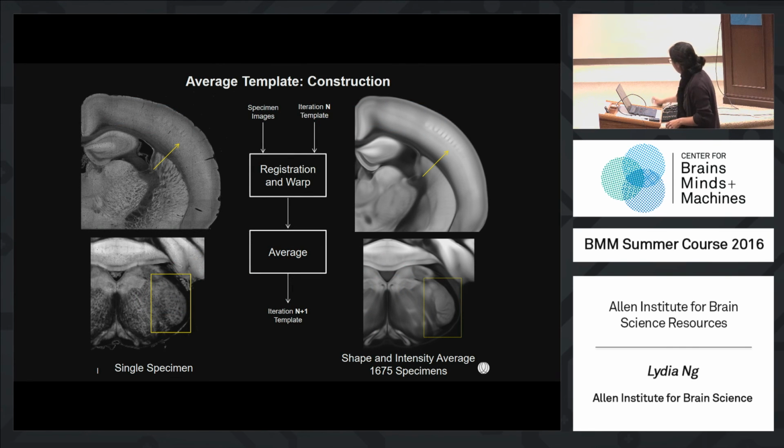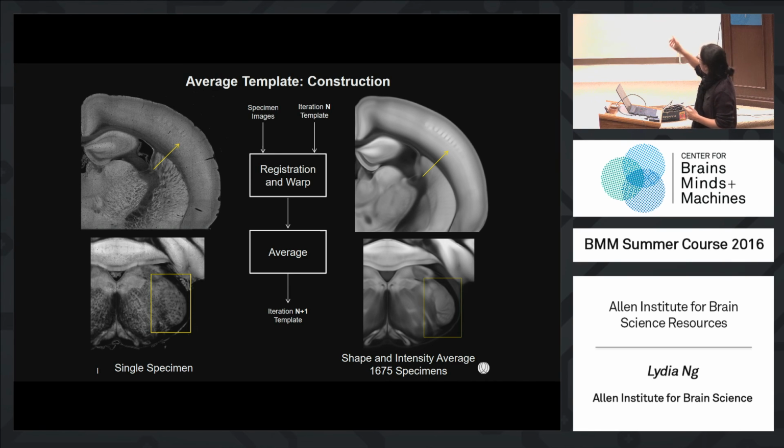To actually make our average template, it's a multiple step process. Because at the beginning you didn't have a smooth 3D space to start off with, you've got to iterate. So you start off with our 1,675 specimens. You do a fine registration just to your Nissl, because our Nissl is the space that we've been with for 10 years or so, and we wanted to keep that orientation of the brain.